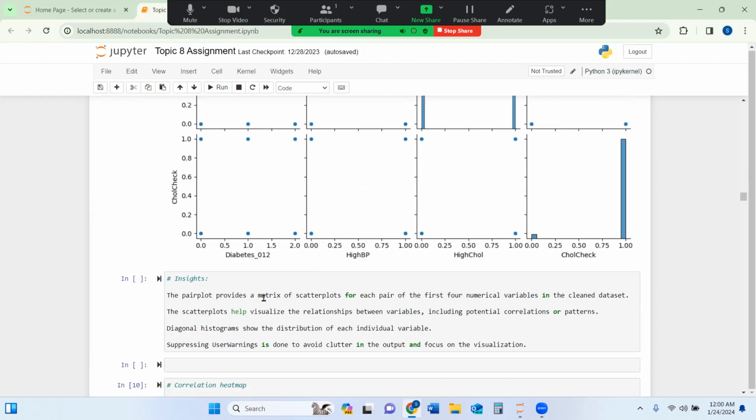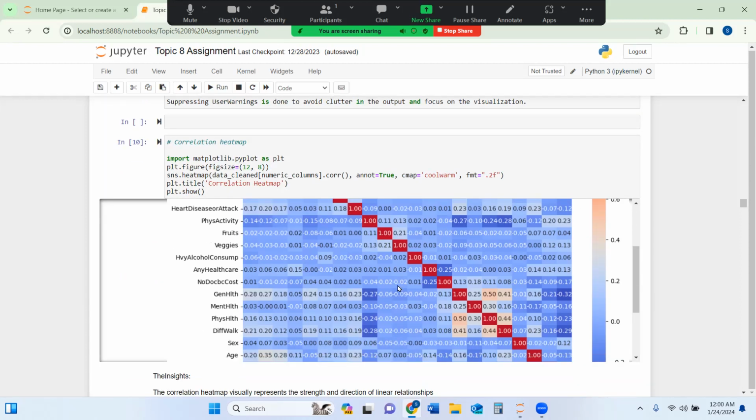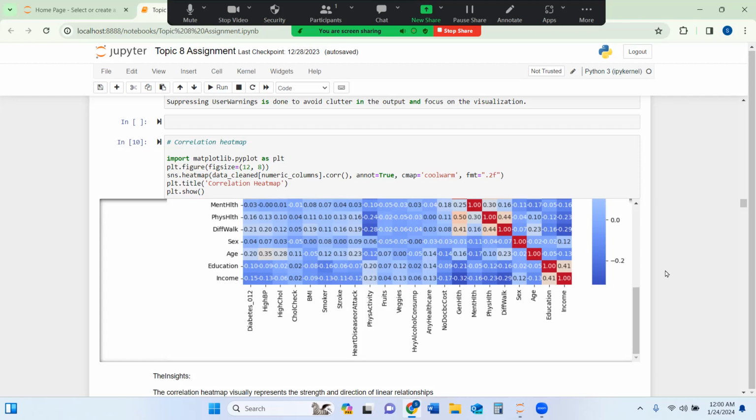Here, this pair plot that I have helps to visualize the relationships between variables, including potential correlation or pattern. And the heat map here represents the strength and direction of linear relationships between pairs of the numerical variables in the cleaned data set.